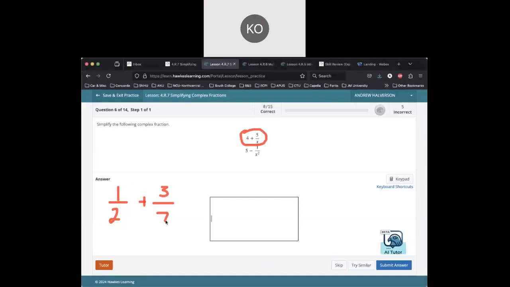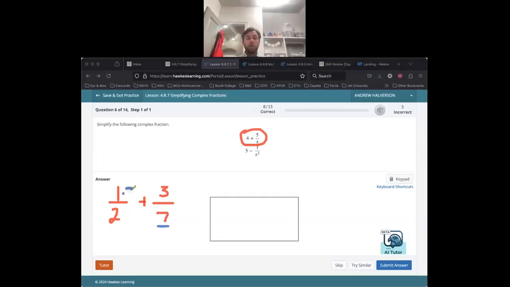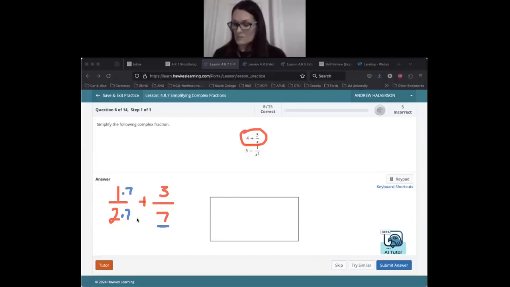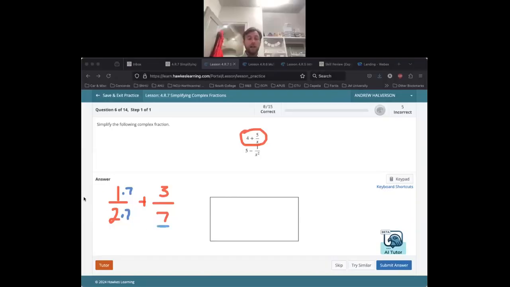If I articulated this way back then, you probably don't remember. Take the denominator of the second fraction and multiply it to the top and bottom of the first fraction. On purpose, okay? That's what you want to do. And similarly, take the denominator of the first fraction and multiply it to the top and bottom of the second fraction.